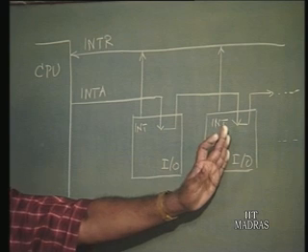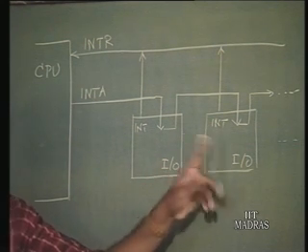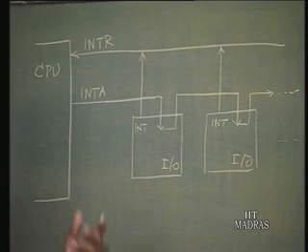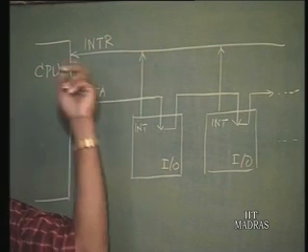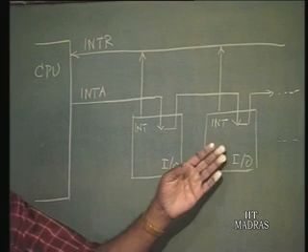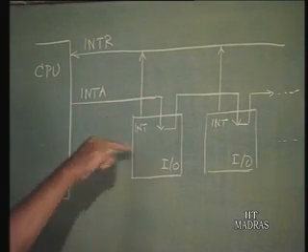And this second device will have to generate a code, and then the CPU from that will understand it has to start the service program from 200 and so on and so forth. For instance, the simplest thing, this device itself can put that address 100. This device can itself put 200 in response to the interrupt acknowledge.